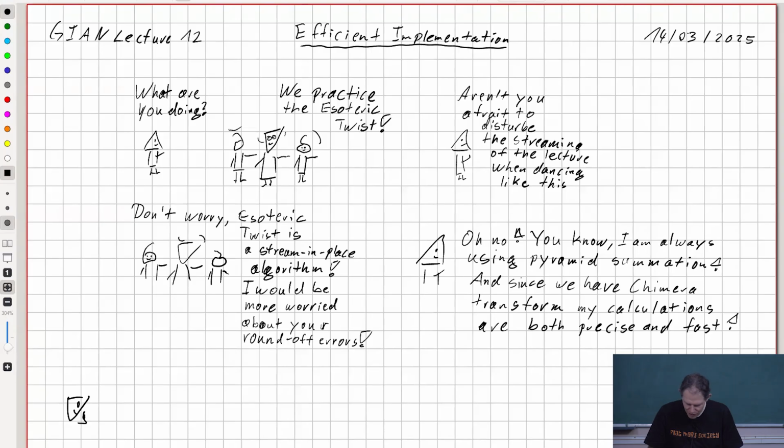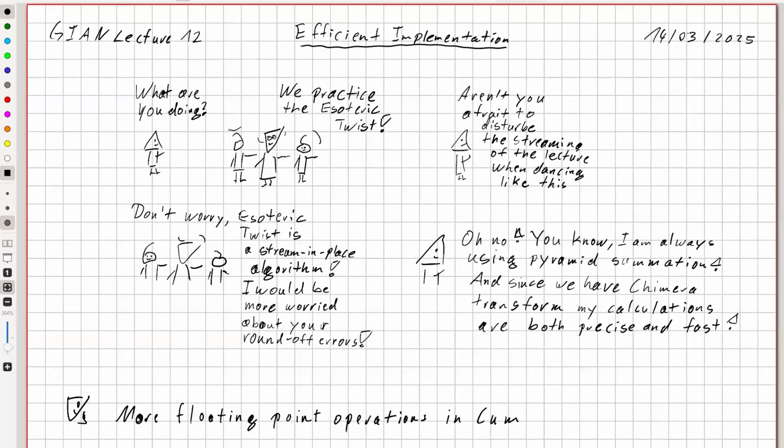So first of all, we very simply have more floating point operations. You already noticed this in the hackathon by just using the central moments. We have more floating point operations in the cumulant method than in the BGK method, for example, and also more than in the MRT methods.